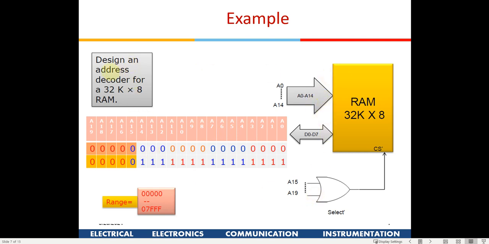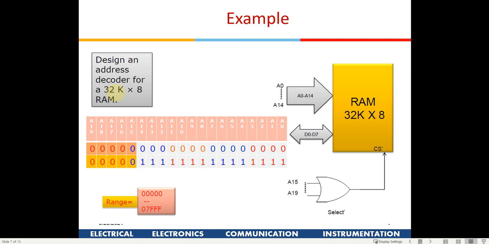Now here, design an address decoder for a 32K into 8 RAM. Now, how to remember these things is pretty easy. The number of lines which are required for 32K and so on is pretty easy to remember. Always remember that 10 lines stands for 1K.